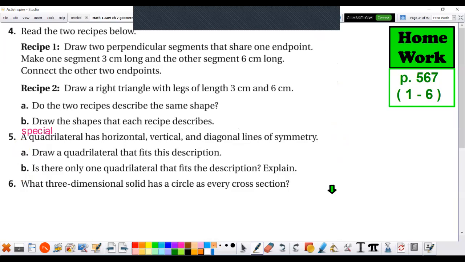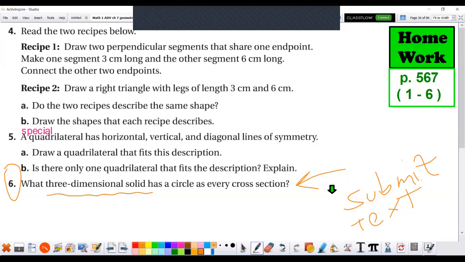Lastly, number 6, and this is the one you are going to submit, in the little text entry box, you know, when it gives you the assignment, it says type something in. You tell me what 3-dimensional solid, so it's 3-dimensional, it's solid, like a box or a cube, has a circle as every cross section.